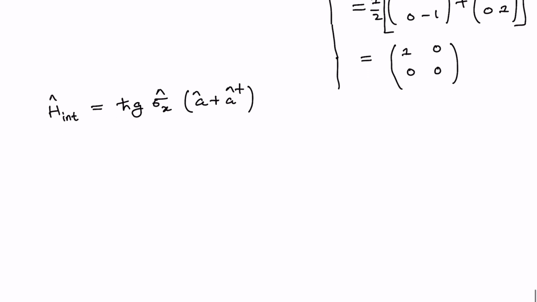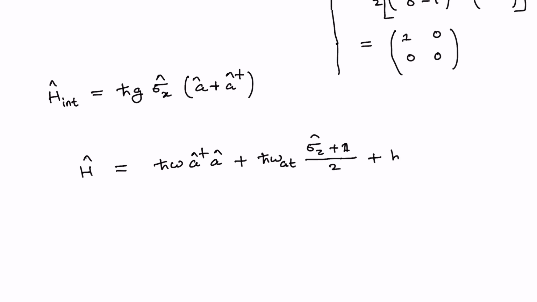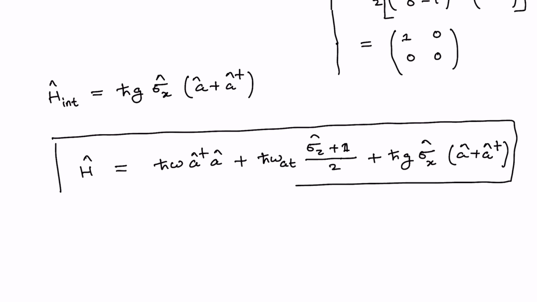So the full Hamiltonian describing the atom-field interaction can be written as: from the field we have h cross omega A dagger A, from the atom we have h cross omega atom times sigma z plus 1 by 2, and from the interaction we have h cross Z sigma x times A plus A dagger. So this Hamiltonian describes a single mode field interacting with a two-level atom.